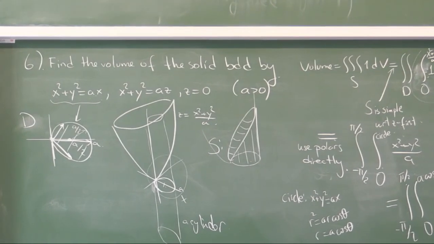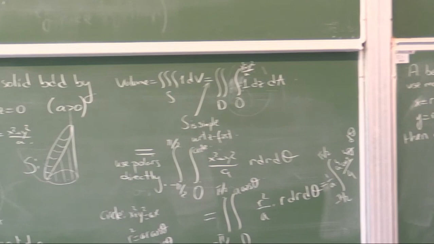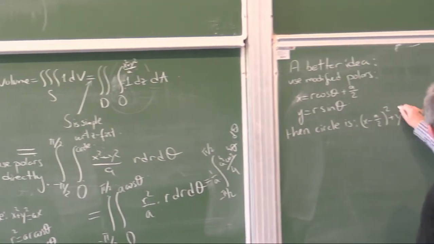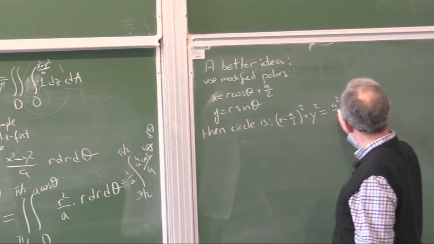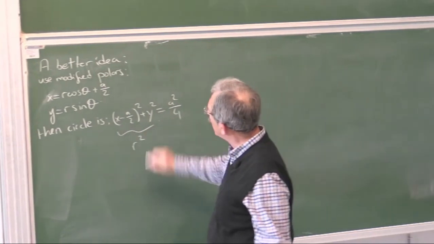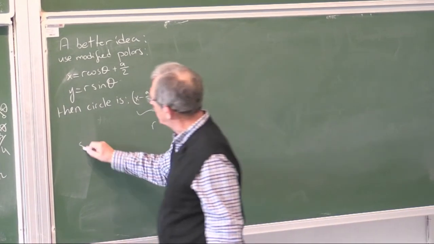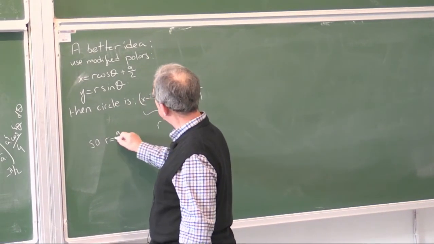Is a squared over 4, namely, x minus a over 2 squared plus y squared is a squared over 4. Now, this is nothing but r squared in our new formulation. So, r is a over 2.